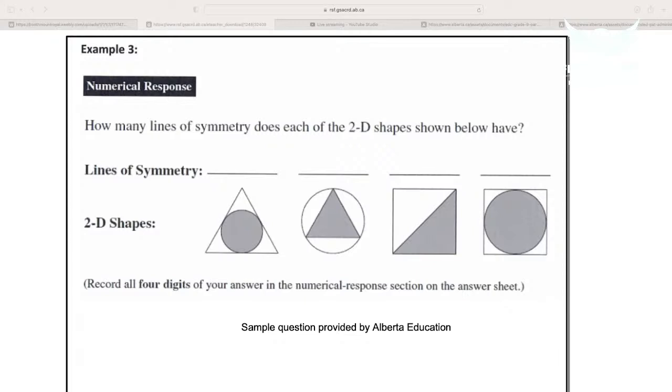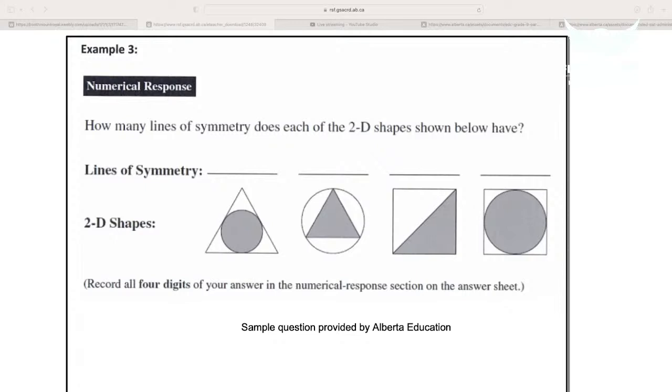How many lines of symmetry does each of the 2D shapes shown below have? Okay, a line of symmetry means each shape can be divided into 2 equal parts. First, a triangle with an inscribed circle.